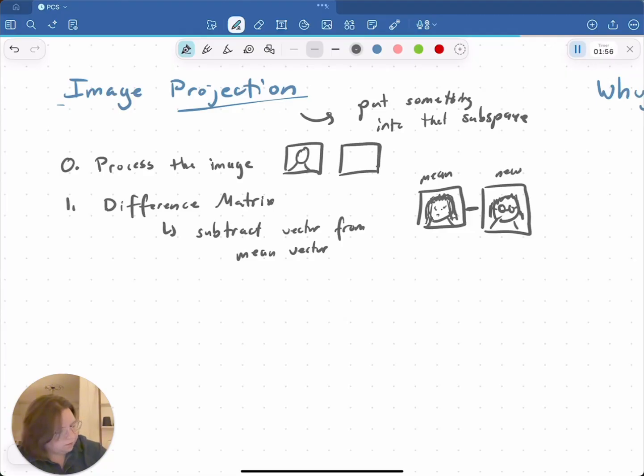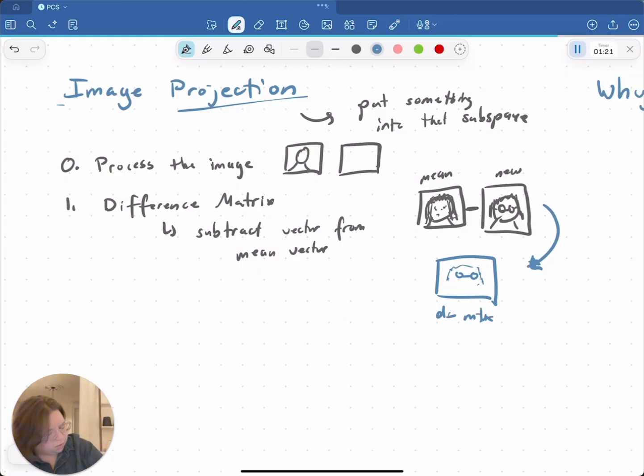What that's going to give us is just the differences and the variation in that new image from the mean. So we can see that the mean doesn't really have a lot of glasses, but the body's pretty much the same, and maybe that short hair is a little different. I'm not exactly sure what that would look like in this case, but it's all focused on what is the difference. This is our difference matrix.